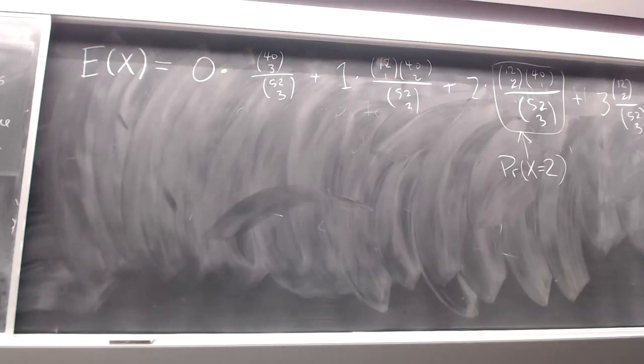So on average, you'd expect to get this many, which again is not really a number of cards you can get because it's not a whole number. But basically, suppose I repeat this experiment a million times, right?